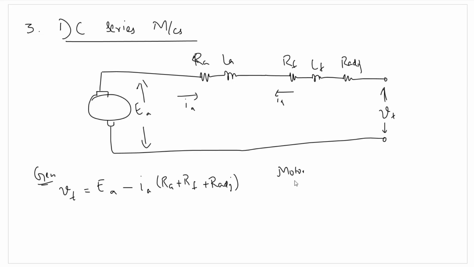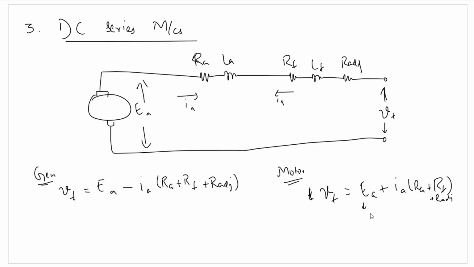So we can simply say at that time VT is equal to EA plus IA into RA plus RF plus R adjacent. Note that EA will actually be the back EMF in case of a motoring mode.